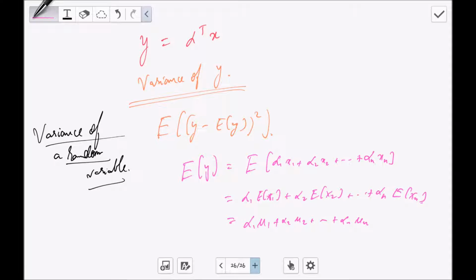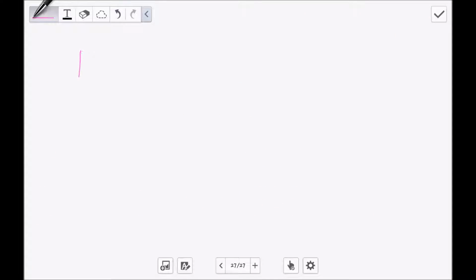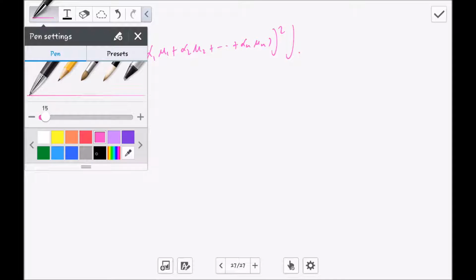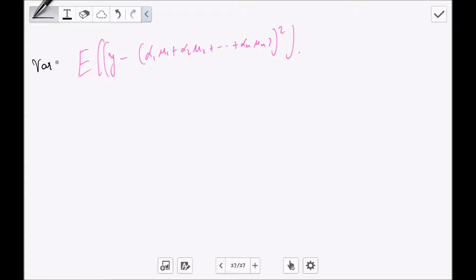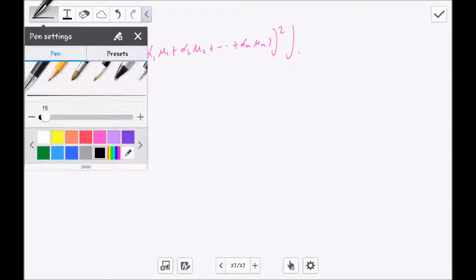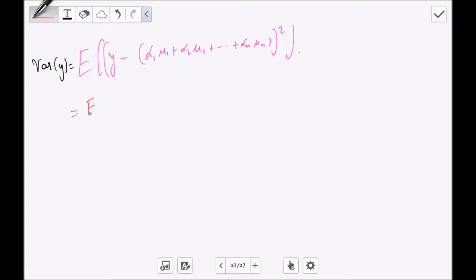Now we want to find E of y minus alpha 1 mu 1 plus alpha 2 mu 2 plus so on up to alpha n mu n, the whole squared, isn't it? This is the variance of y. Now observe that we would again want to make a notation here, which is the vector mu equal to mu 1, mu 2, so on up to mu n.